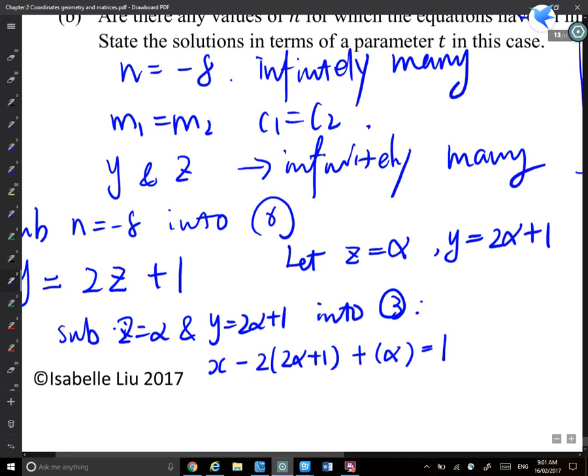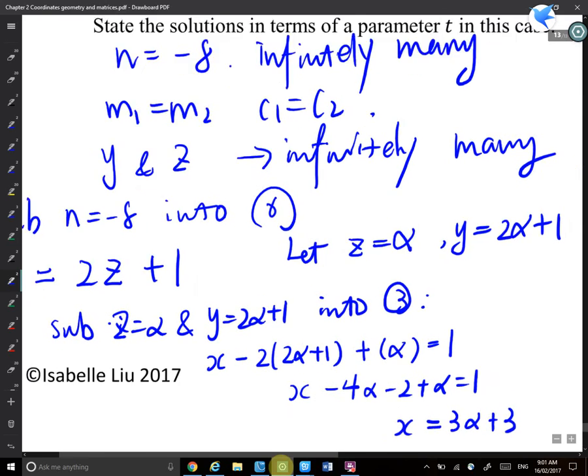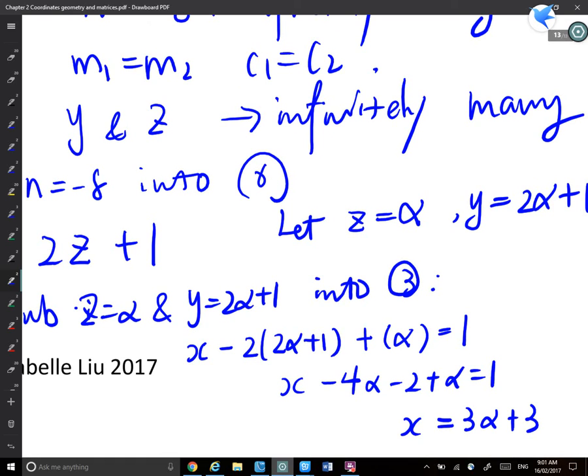That equals to what? So x minus 4 alpha minus 2 plus alpha will equal to what? Then x will equal to 3 alpha plus 3. Put the 4 alpha that side, minus alpha is 3 alpha, minus 2 added to the side is 3. So 3 alpha plus 3.